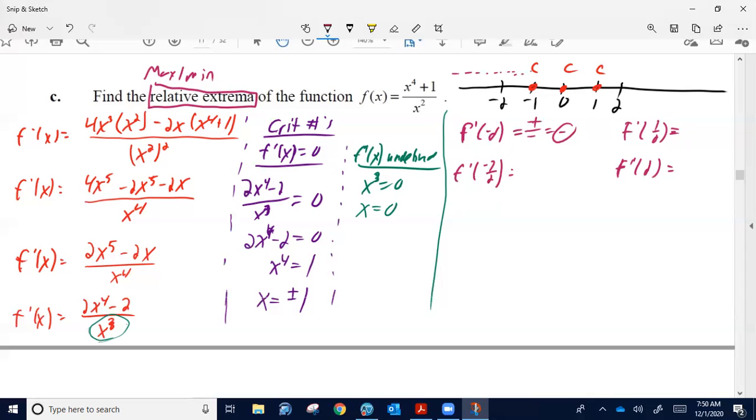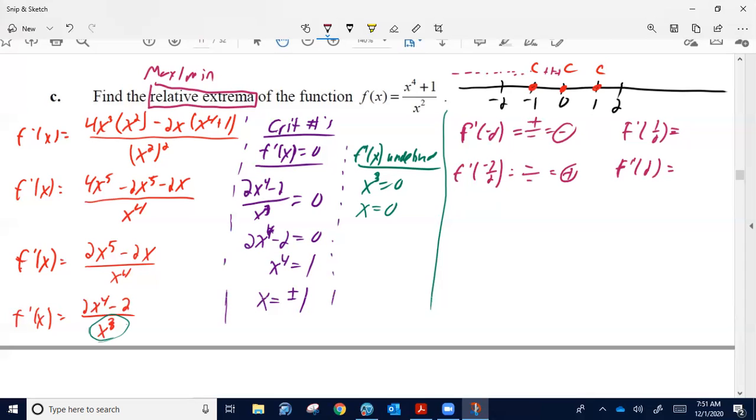So again, this -1/2, if I plug it in, that's going to give you a small positive number, a fractional positive number. Take away 2 is going to make it a negative over, and again, a negative raised to a cubed is a negative. So 2 negatives makes a positive. So we're going to increase between -1 and 0.